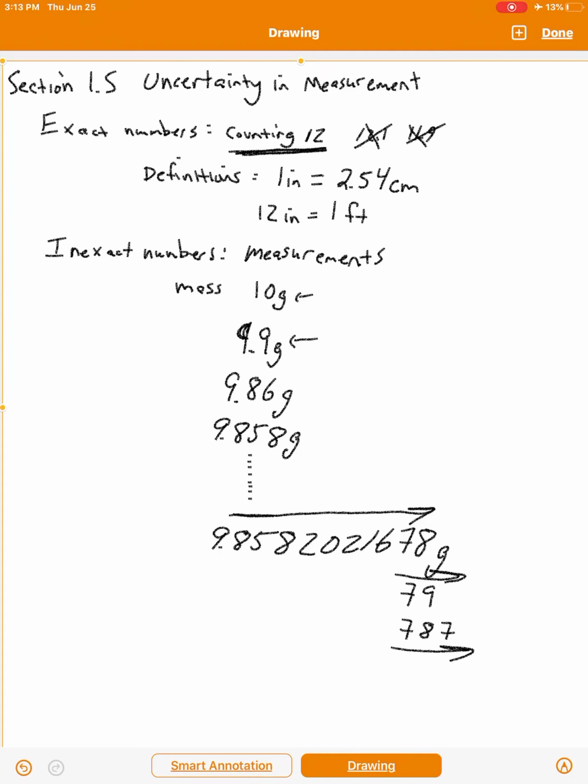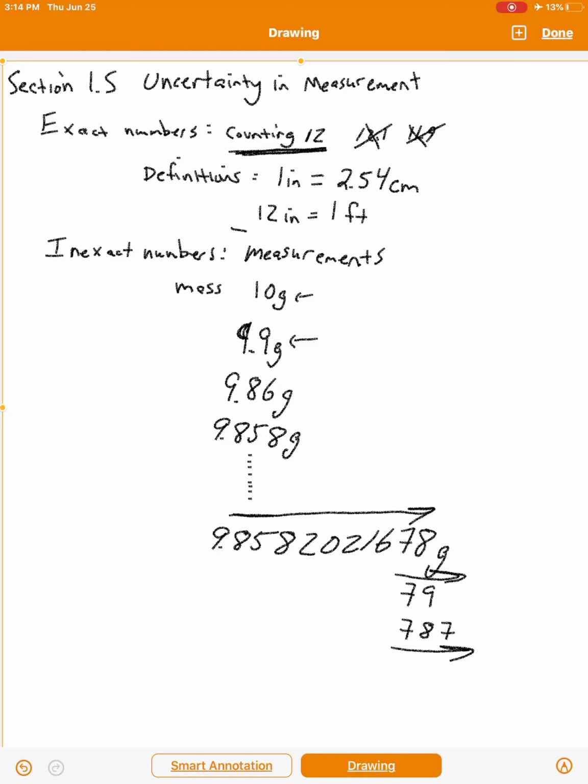So even if I could make a balance that could measure the mass of something down to the nearest atom, I would still be approximating the value because I wouldn't know what the exact value of the mass of the atom is. So sometimes we get out of that by doing this.